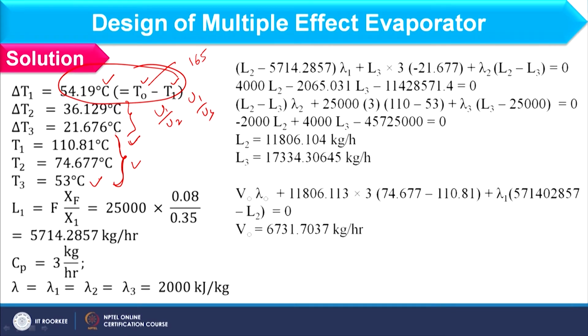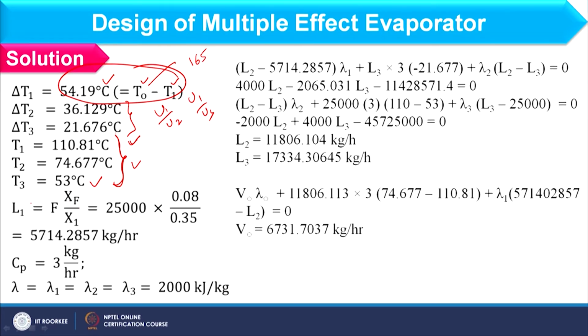So, whatever solute is available in the feed, the whole solute is available in the product now. Okay. So, we can make the component balance such as F XF should be equal to L1 and X1. So, here you know F XF as well as X1, right.